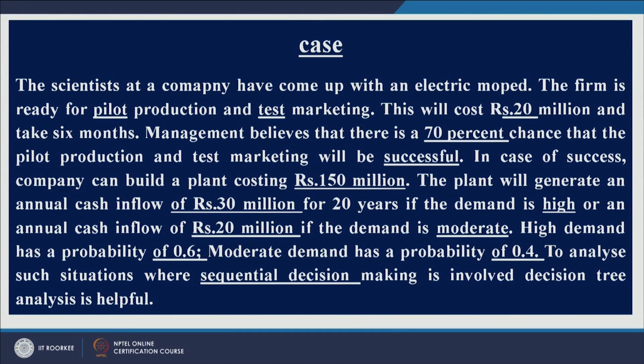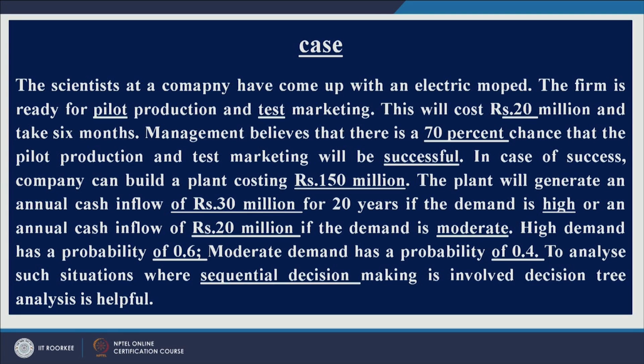Okay, so let us take this example. The scientists at a company have come up with an electric moped. Now, the firm is ready for pilot production and test marketing. This process will cost the company 20 million rupees and it will take 6 months.